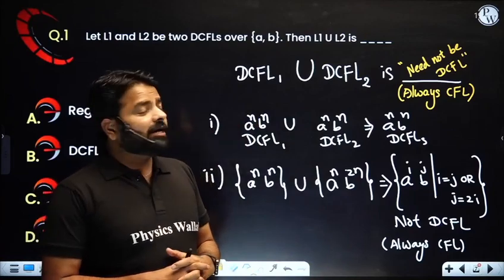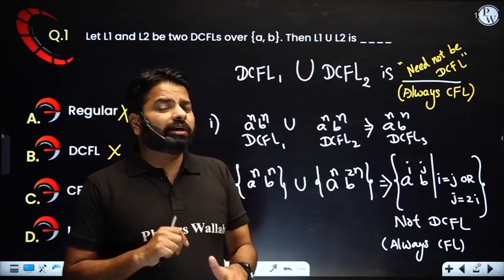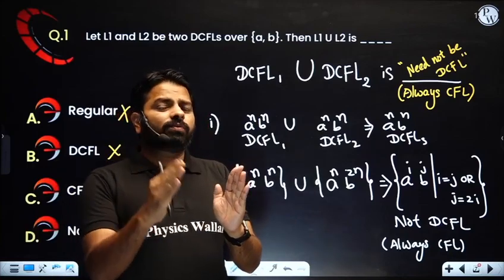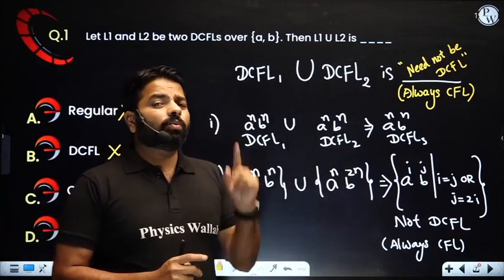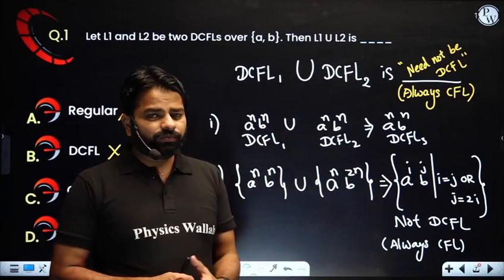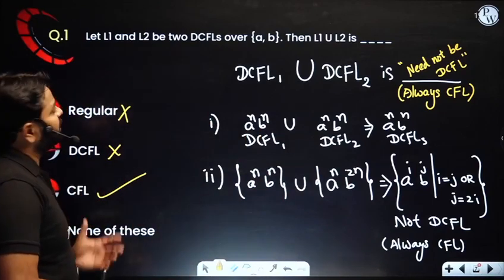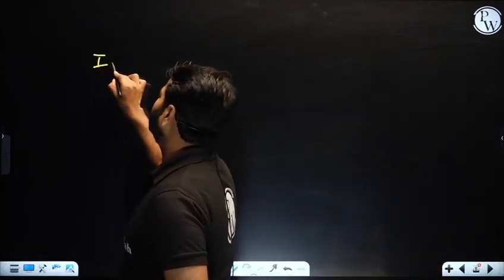The question I am repeating again: L1 union L2 is DCFL. I am not saying L1, L2 are DCFL. If L1 union L2 is DCFL, then what is L1? Of course, the same answer goes for L2. Fine, let's move to the next question. If you want, you can take it as homework.